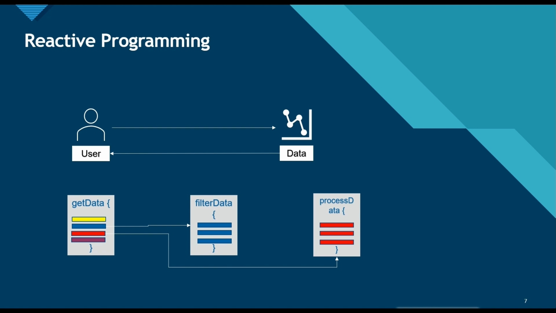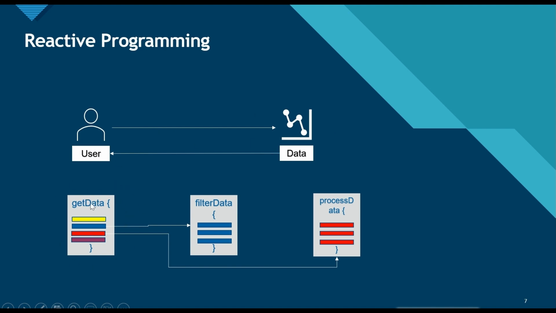In reactive programming, the threads are not blocked when there is an input output operation or a blocking code. The code execution is asynchronous in nature. Once there is an input output operation or a blocking code, the thread can do some other tasks while waiting for the result from the data source. As soon as the connection is established with the data source, the thread does not wait and executes some other operations.